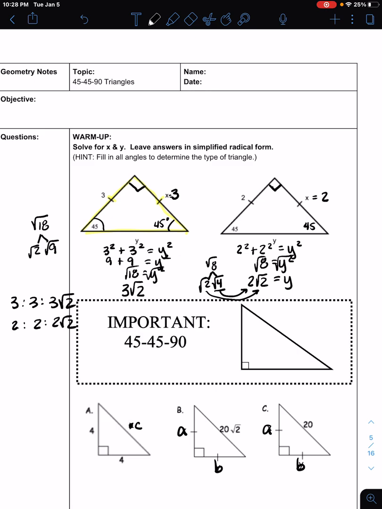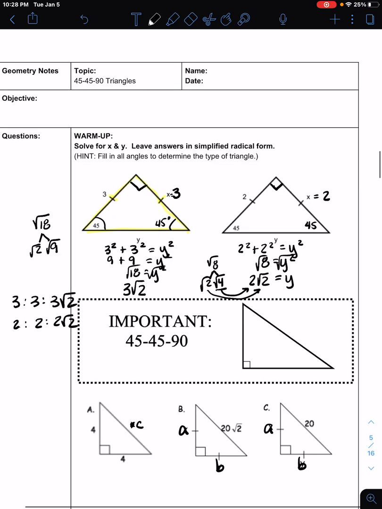So you see a pattern that when the legs are the same, it's always the same number with a root 2. So that is one of the things that sets up special right triangles. And this is on your formula chart where it'll be that a 45, 45, 90 triangle has these special ratios.